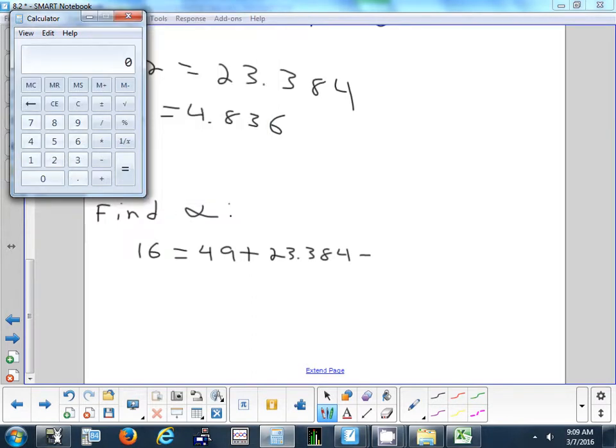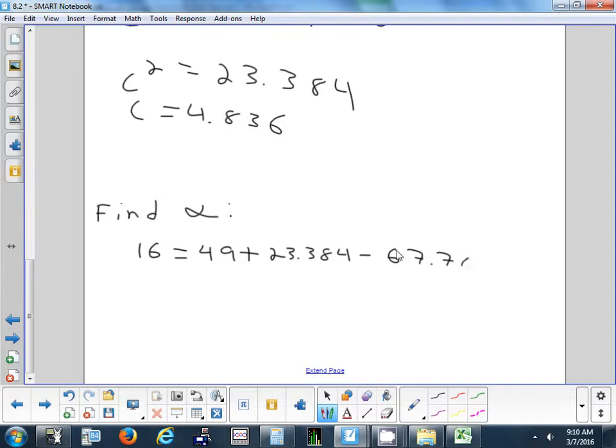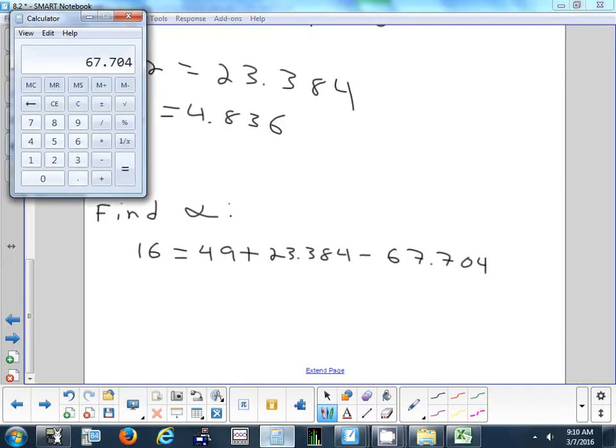I need 2 times B times C. So 2 times, what was B? 7. 7 times C, 4.836. So I just did 2 times B times C. I'm just going to double check that, make sure we're okay. 2 times 7 times 4.836.